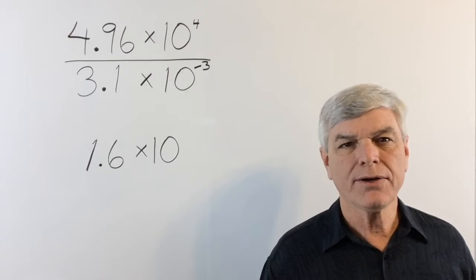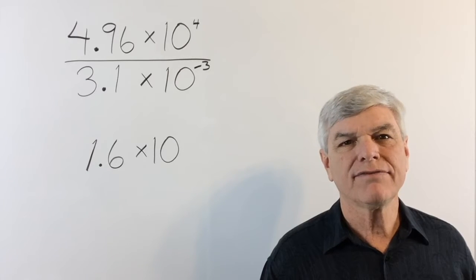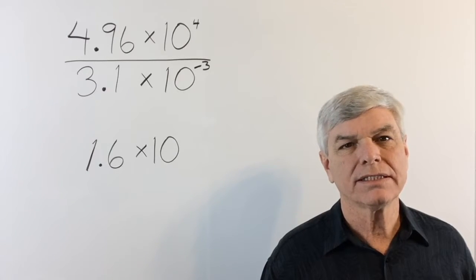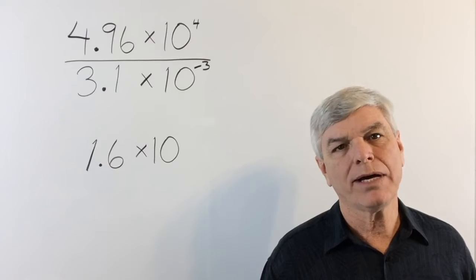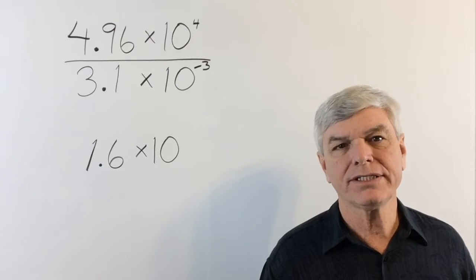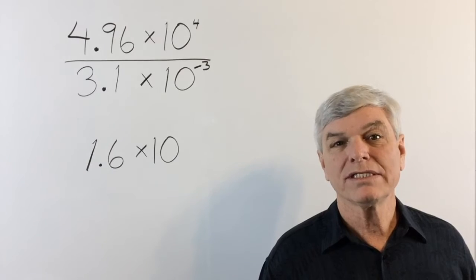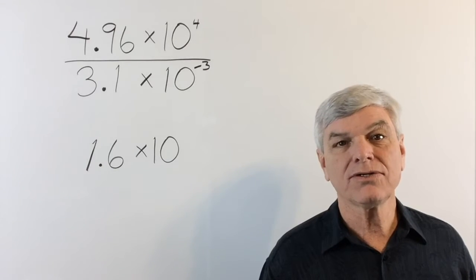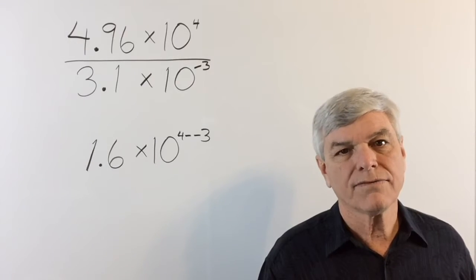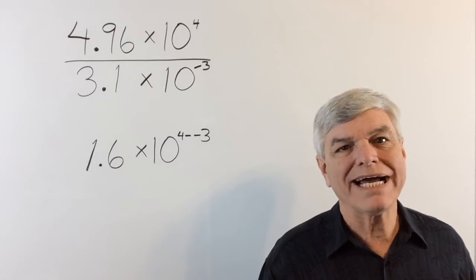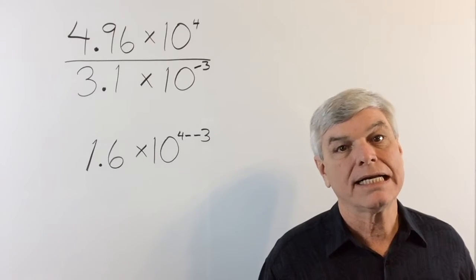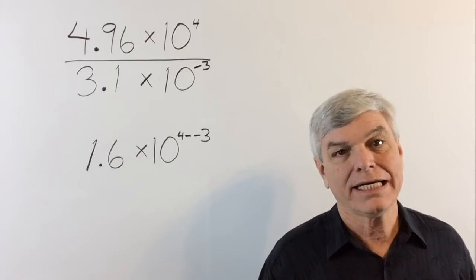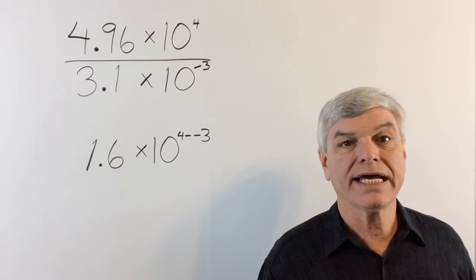Now, what do we do when we divide with exponents? Remember, when we multiply, we add the exponents, and with division, that's right, we subtract the exponents. So let's do that. If you look above, it's 4 minus 3. Now don't do 4 minus 3 and leave out one of the negatives.